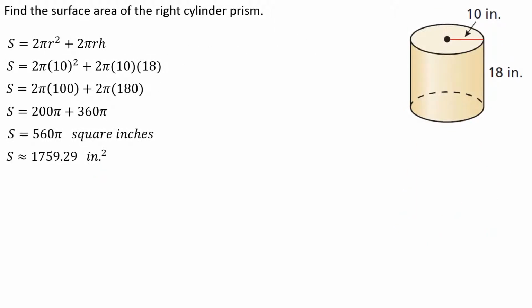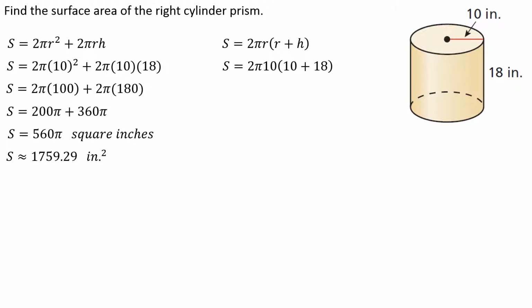Okay, so as promised, I'm going back to this example that we've just done. And I'll say, no, I'd rather use this formula. I'd rather use 2 times pi times r times the quantity r plus h. Better get the exact same answer because it's the exact same prism. Every time I see r, I substitute 10.